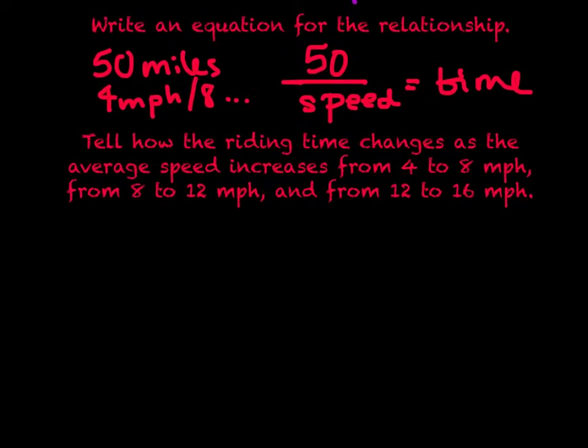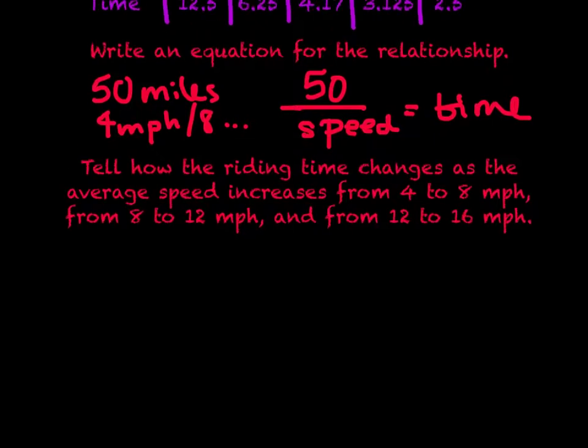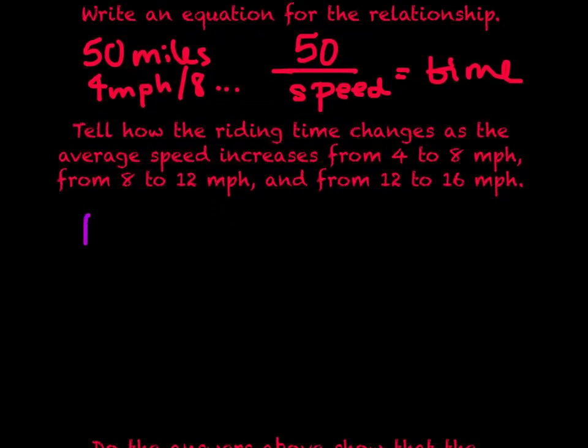So using that equation, let's go on to the next part of the problem. Tell how the riding time changes as the average speed increases from 4 to 8 miles per hour, from 8 to 12 miles per hour, and from 12 to 16 miles per hour. So let's start with that first set of data. We had 4 miles per hour, and that is changing up to 8 miles per hour.